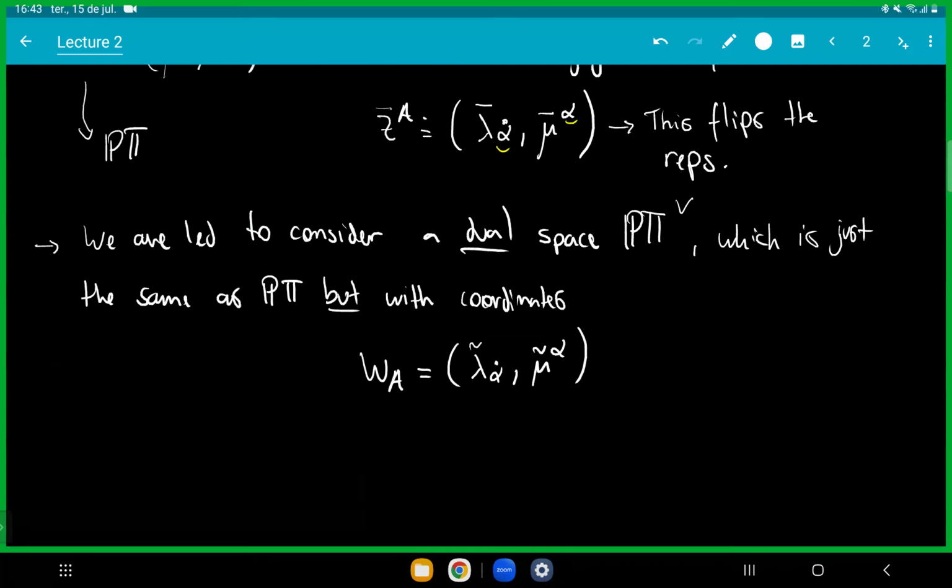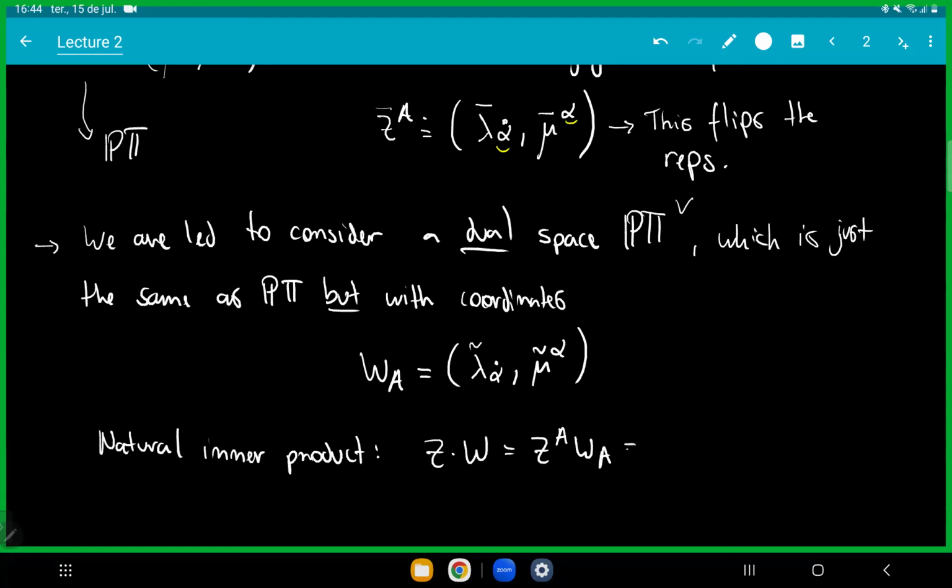So if you do this, you have a natural inner product, which is just given by, if you take z dot w, in terms of the components, as somebody was asking, it's just this.